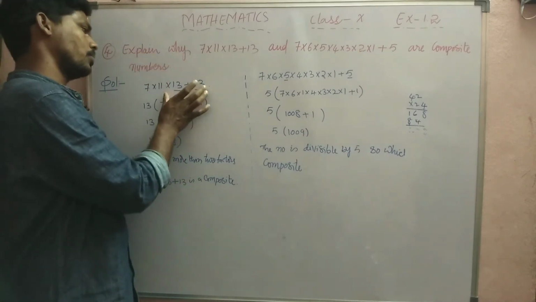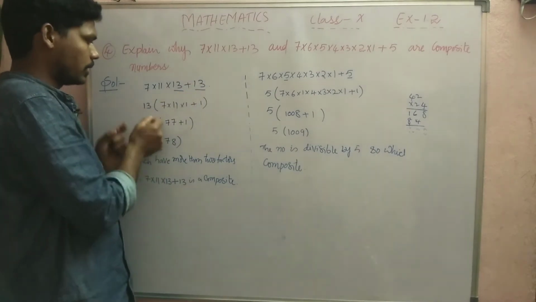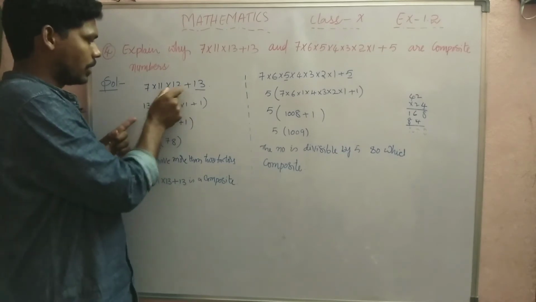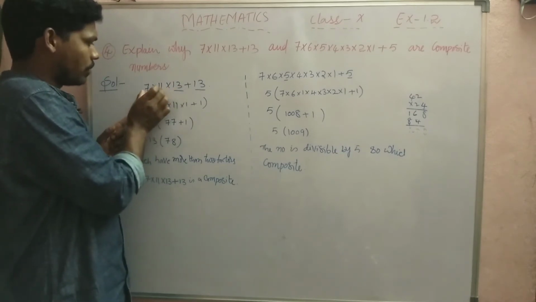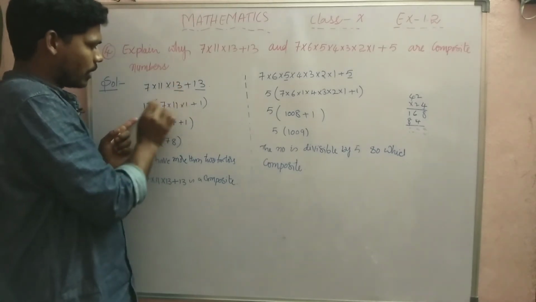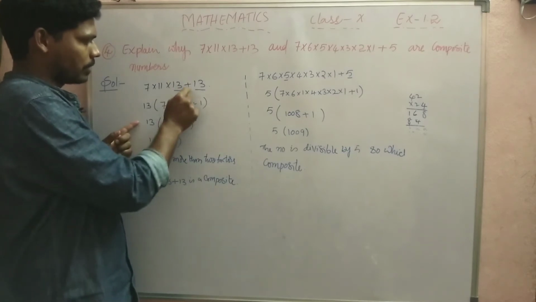In these two terms we have 13 as common, so put it outside of the bracket. The remaining terms you can write inside the bracket: 13 is outside, the remaining leftover 7 into 11 is inside, and in place of 13 we write 1 here. The plus stays as it is.